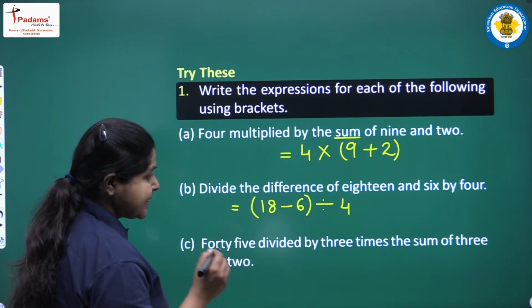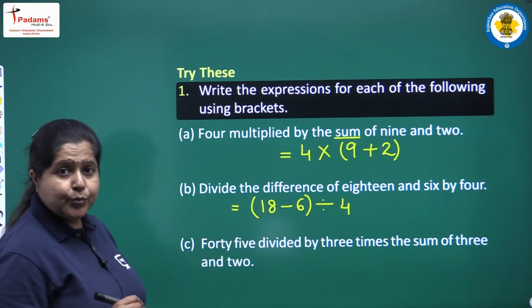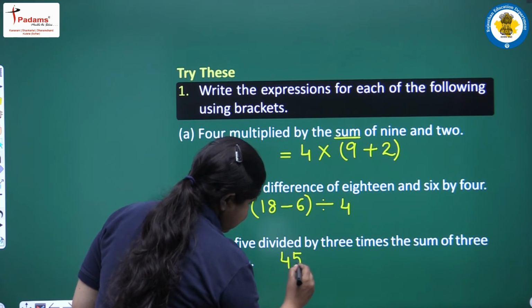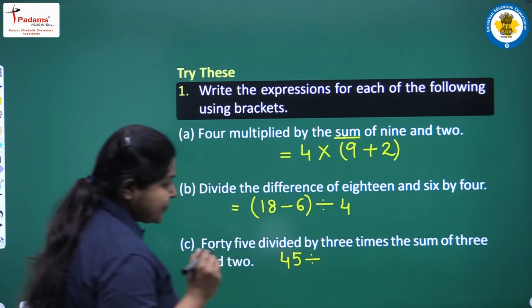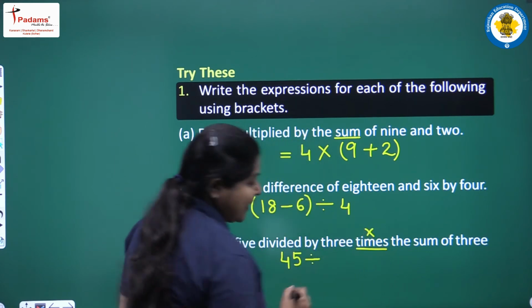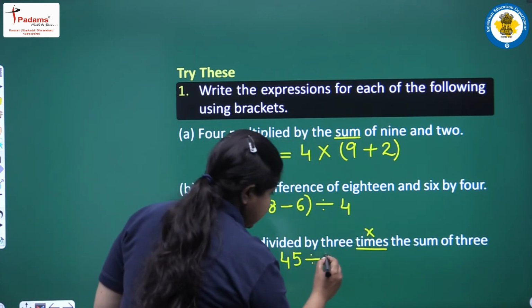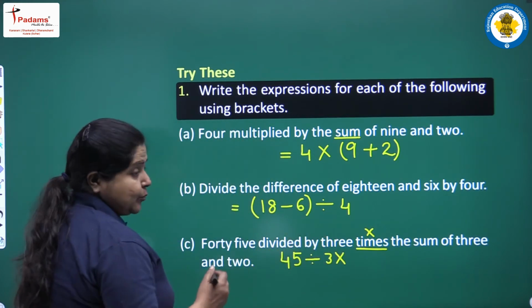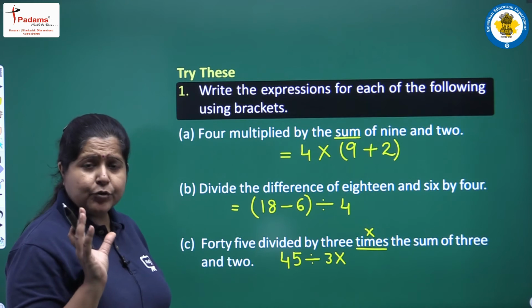Next we have 45 divided by 3 times the sum of 3 and 2. 45 divided by 3 times. Times means multiply. 3 multiplied by the sum of 3 and 2, because we have to add 3 and 2 first.